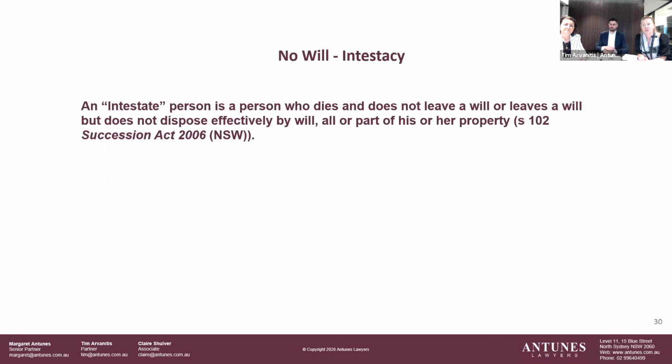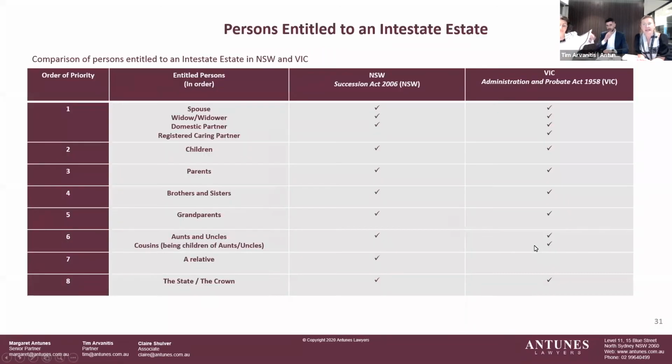So if you die without a will, every jurisdiction has a provision setting out the order of priority of which persons are entitled to your estate, and that order of priority is set out in the legislation. So you can't change that order, you're stuck with it.